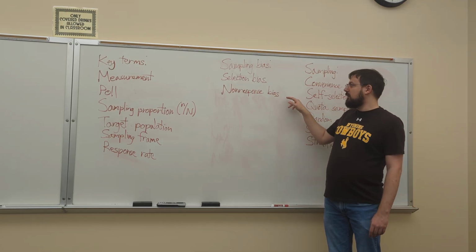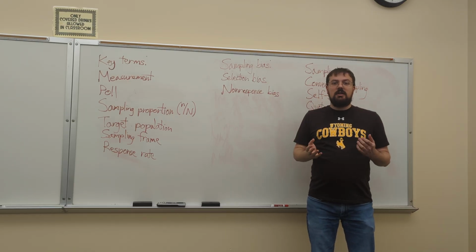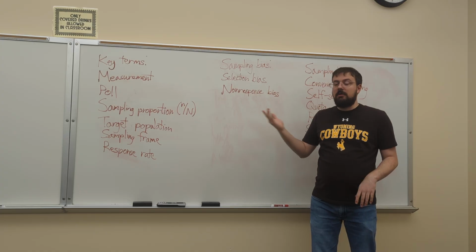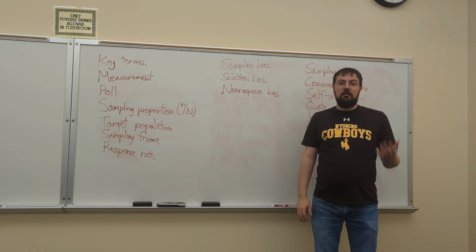The other kind that we'll look at is non-response bias. Now, non-response bias typically comes into play with, well, kind of like what we were talking about a minute ago with, say, polls sent in the mail. Essentially, this is bias resulting from a low response rate to a survey.